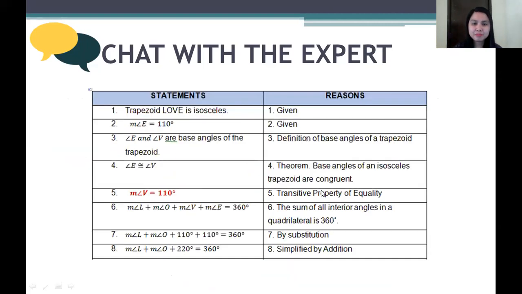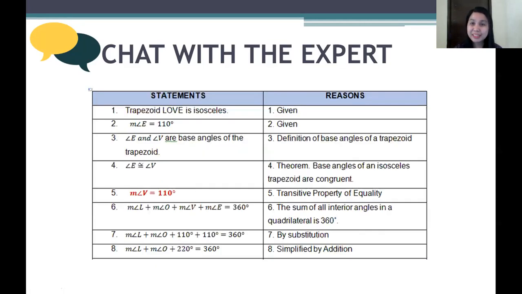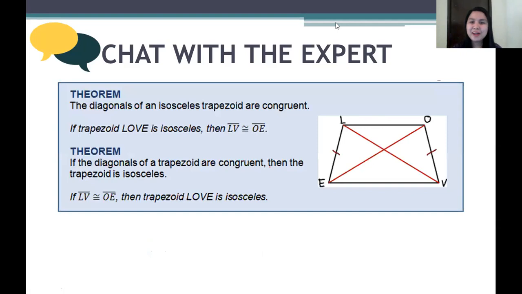Now, this is an example of writing it in an SR table or in a two-column table. You can read this in your module, but the answer will still be the same with this one. So I'll leave it to you, okay? Now, the next one, the last theorem. In an isosceles trapezoid, the diagonals are congruent.